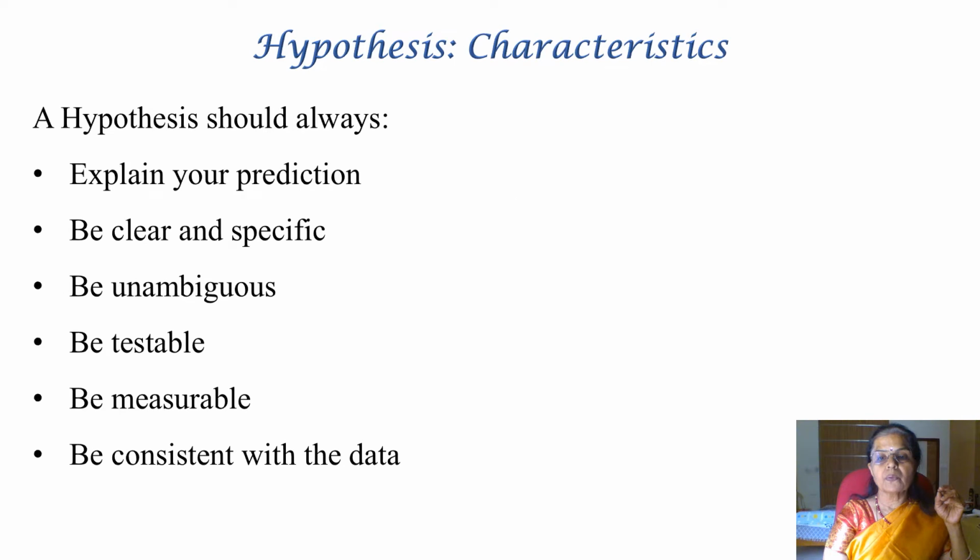Now, we are going to list the important characteristics of a hypothesis, or how a hypothesis should be. A hypothesis should always explain your predictions. That is, it should state the relationship between the variables and it should be done in a straightforward and clear manner.